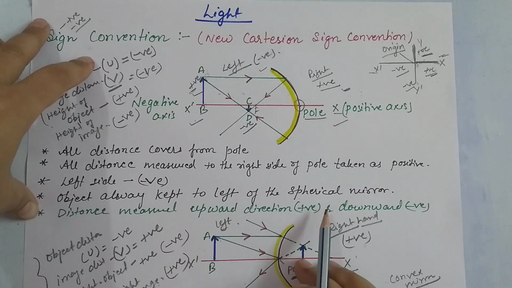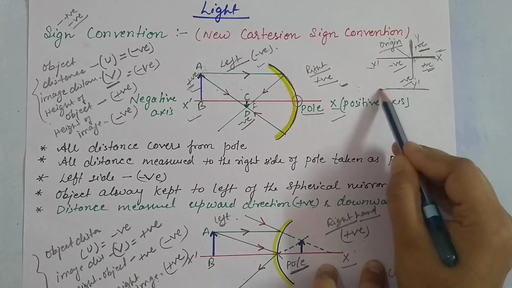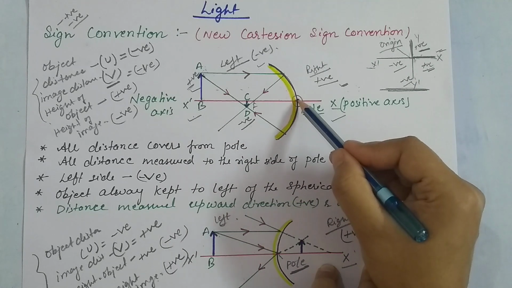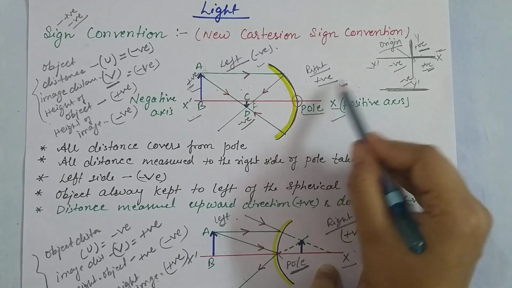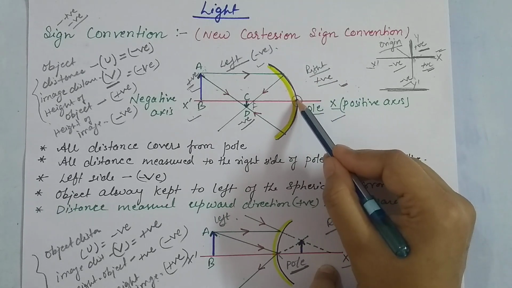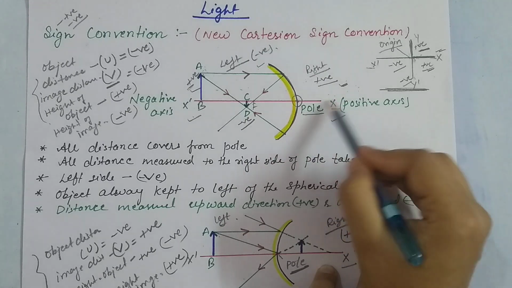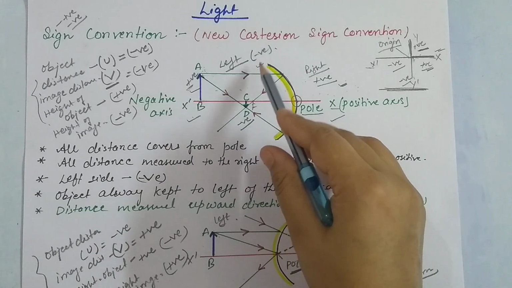So we understood what the sign convention is. It is basically assigning a sign to measure distance, and we use the coordinate plane system. We take the pole as the origin. Distances measured from the pole on the right-hand side are positive, and on the left-hand side negative.